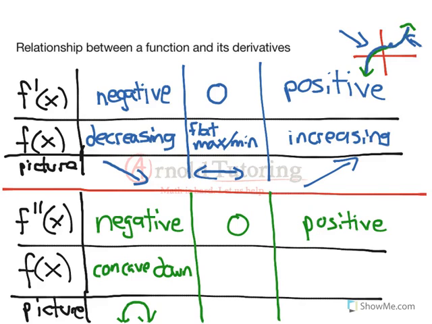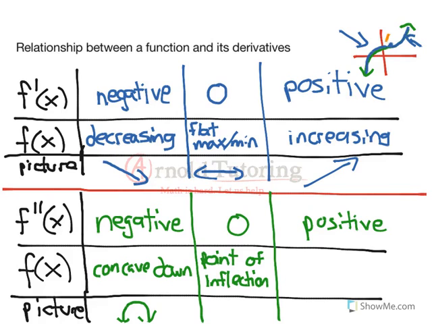How about 0? That's called a point of inflection. When the second derivative is 0, we call this a point of inflection. And all it means is exactly the same as the first derivative. When we said in the first derivative, if we go from positive to negative, that means there's a local max there. Same thing here, if we go from positive to negative or negative to positive, there's a point of inflection.